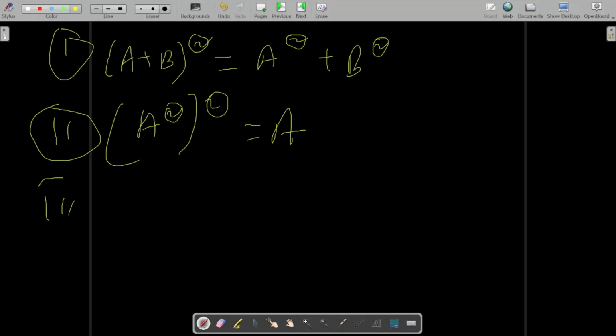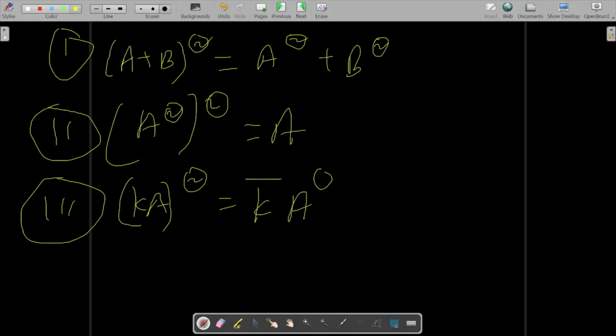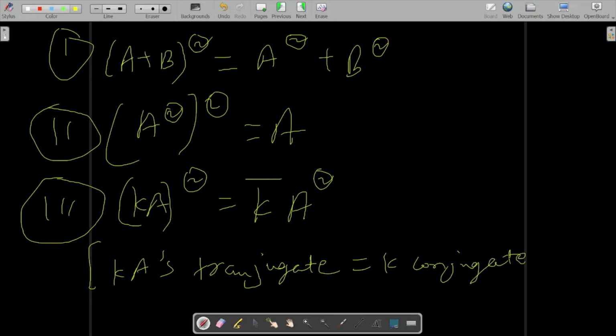Then the third property: the conjugate of kA is equal to k conjugate multiplied by A conjugate. This is the third property.